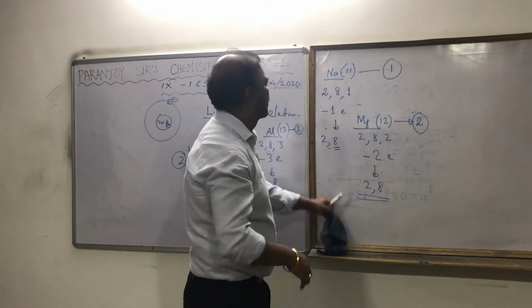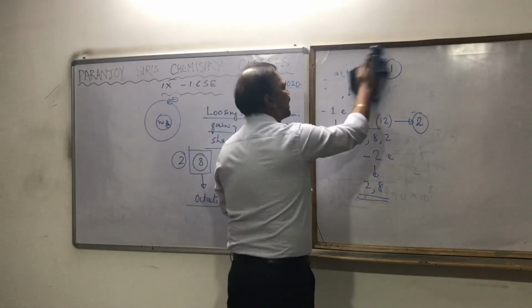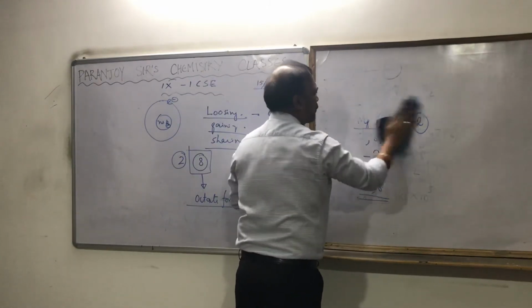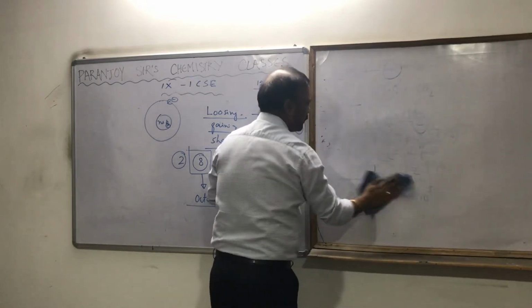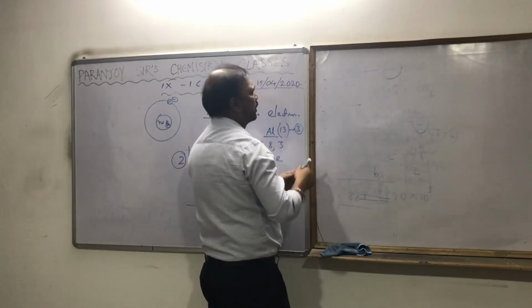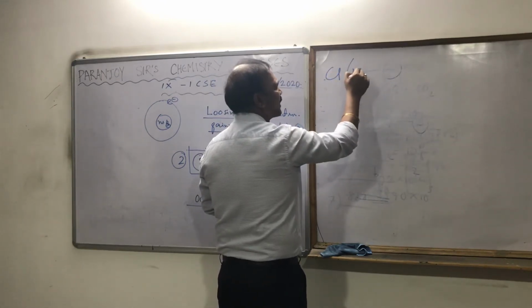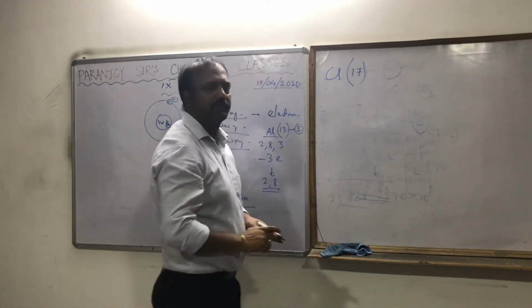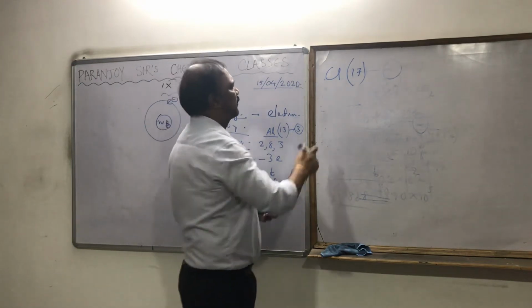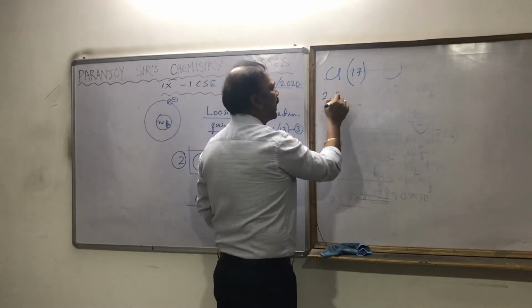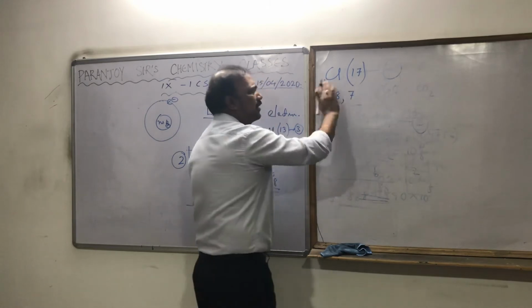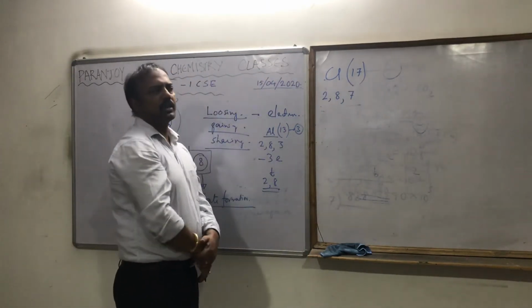Let us check with some example. You can understand it better. Okay. For example, suppose chlorine. The symbol of chlorine is Cl, and the number of electrons that is present in chlorine is 17. So let's write down the electronic configuration of it. 2, 8 and 7. Right? 17 are there. So what it will do?